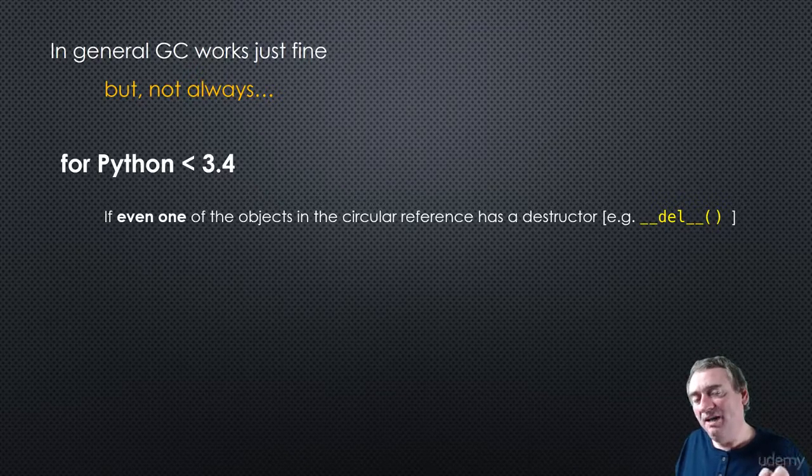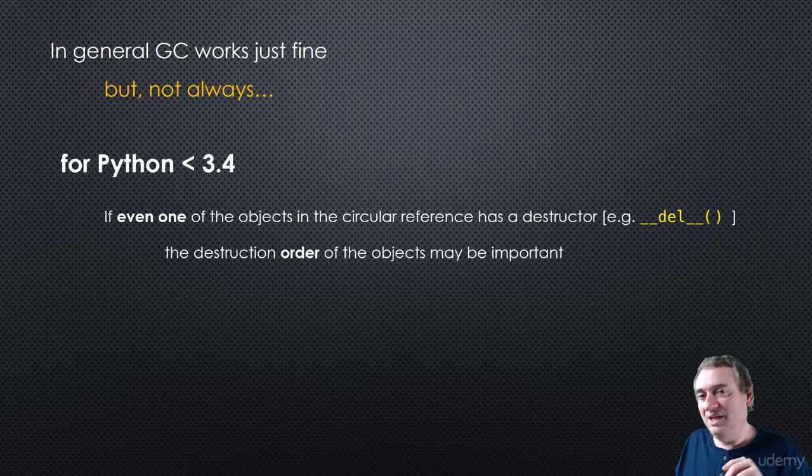So if even one of the objects in the circular reference has a destructor, then the order of the destructors might be important, right? The order in which you destroy your object might be important. Maybe you cannot close the database connection until some other class that you have that was dependent or that was in the circular reference maybe deletes or commits a transaction or rolls back a transaction.